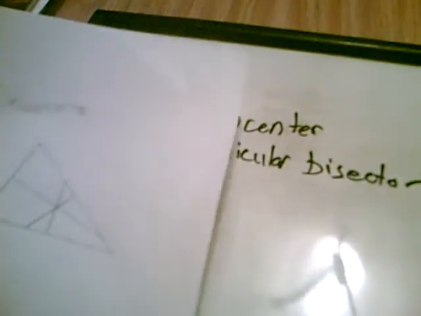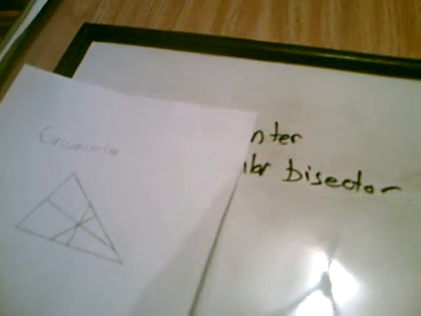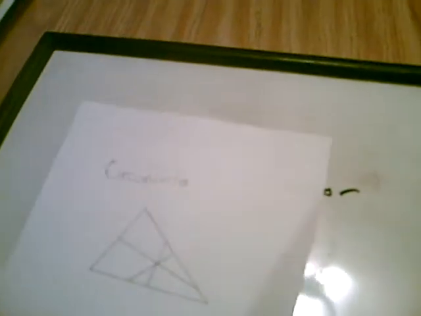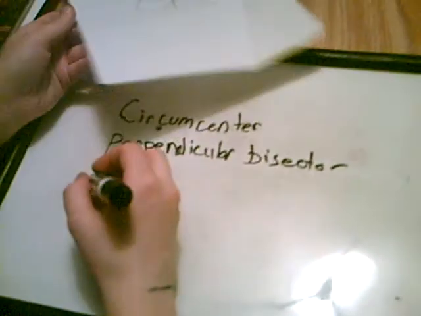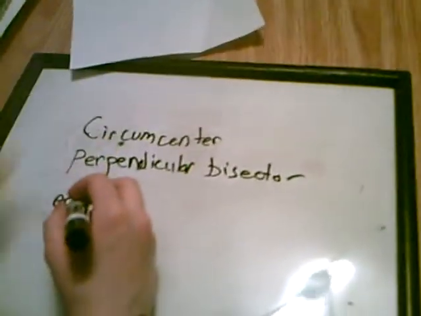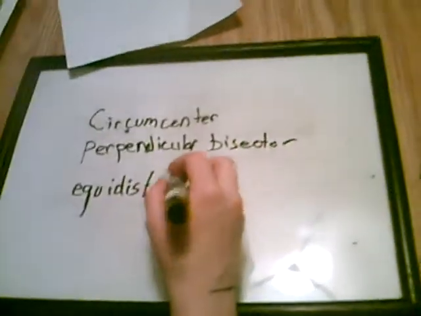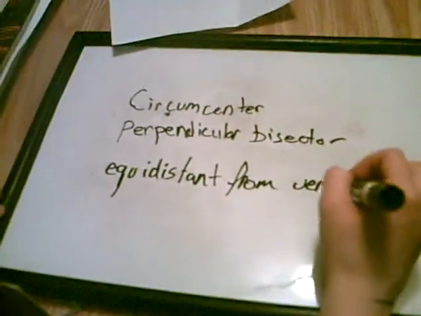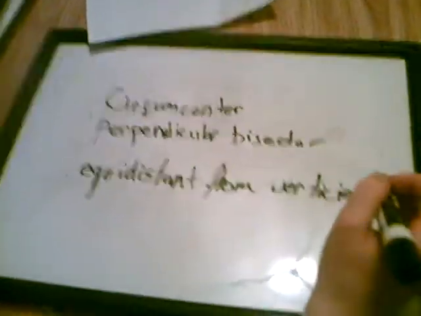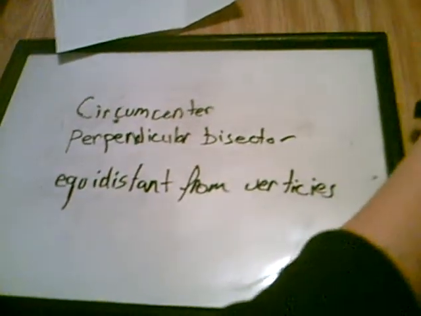One of the things about it is that it's equidistant from the vertices. The circumcenter, that point in the middle where they all intersect, is the same distance from each one of these vertices all the time, no matter which triangle you draw. So that's an important detail. Equidistant from vertices.